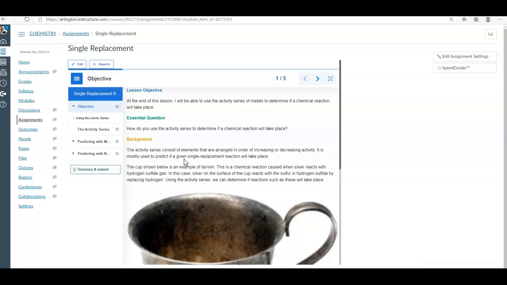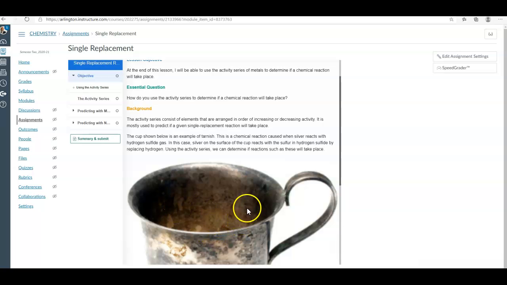Now, let's look at a very small, short background. The picture in front of you is a silver cup. It looks ugly, but once it's polished, it looks very beautiful. But as it is right now, this cup is undergoing a chemical reaction. The silver, which is an element, a metal, is reacting with the hydrogen sulfide in the atmosphere.